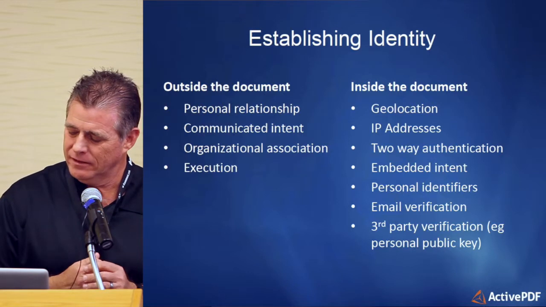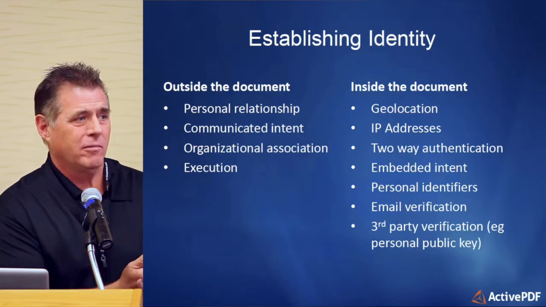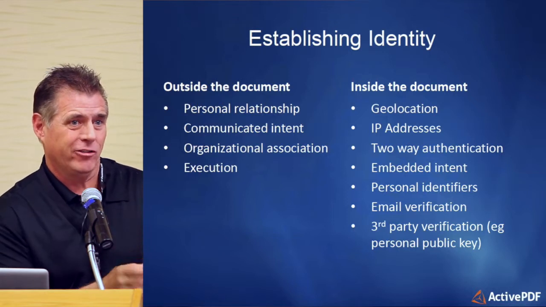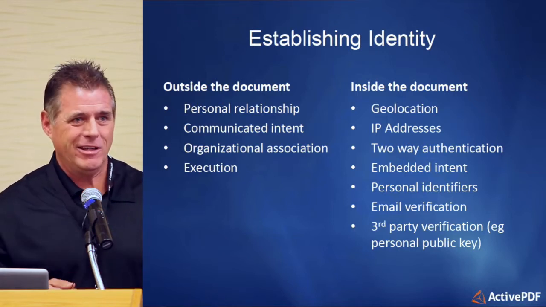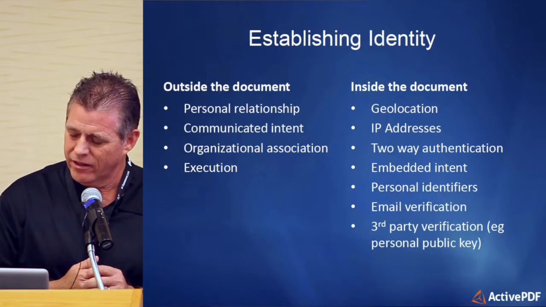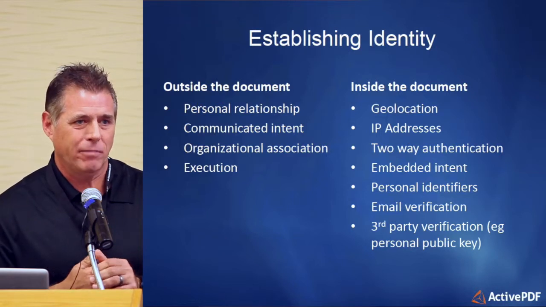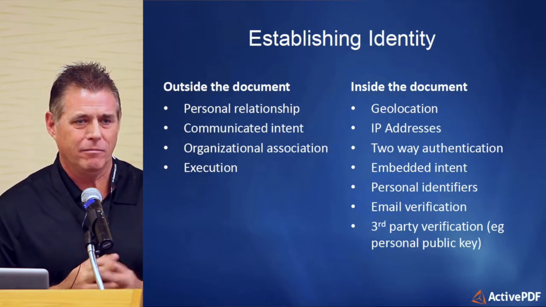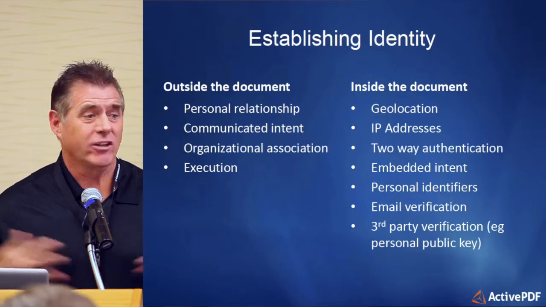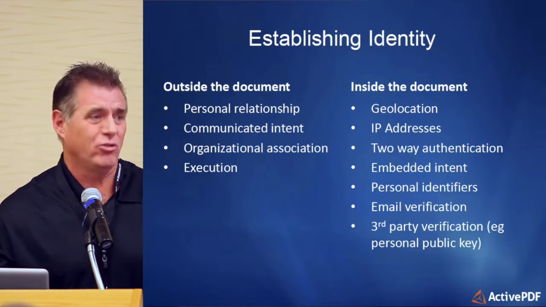Okay. Email verification. I sent you an email with the document, and I know I sent you the email because you clicked on something, you opened up the email, and it communicated back to me you opened it. And then lastly, third-party verification, meaning a personal public key and a private key, meaning VeriSign gave you a certificate and you signed it, or thought you did.